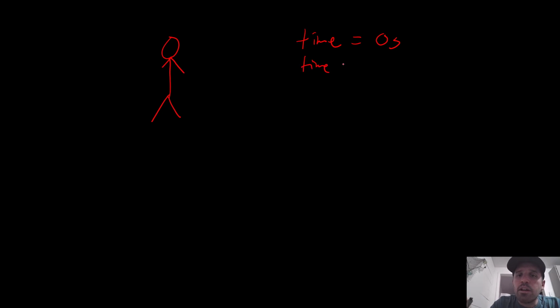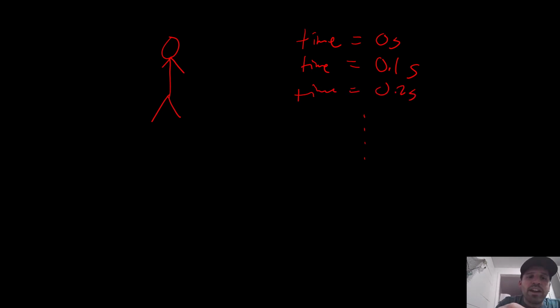So what we're going to do with this computer code is we're going to be able to look at our object falling, in this case our guy falling through the sky, and we're going to break up time into small little chunks. So we're going to look at time at 0 seconds, time at like 0.1 seconds, time at 0.2 seconds, and so on.